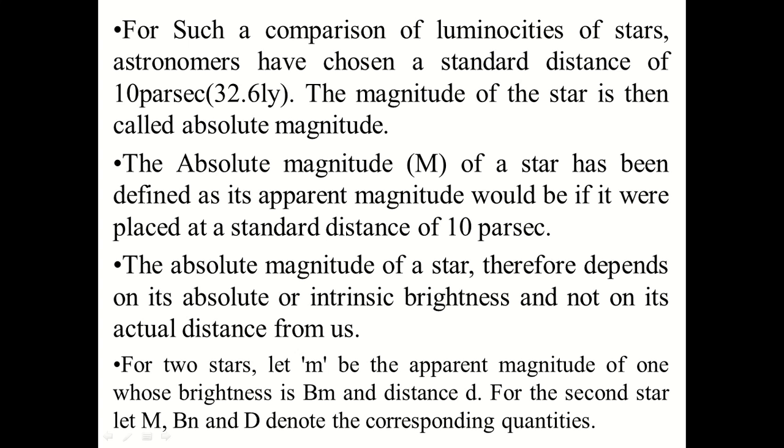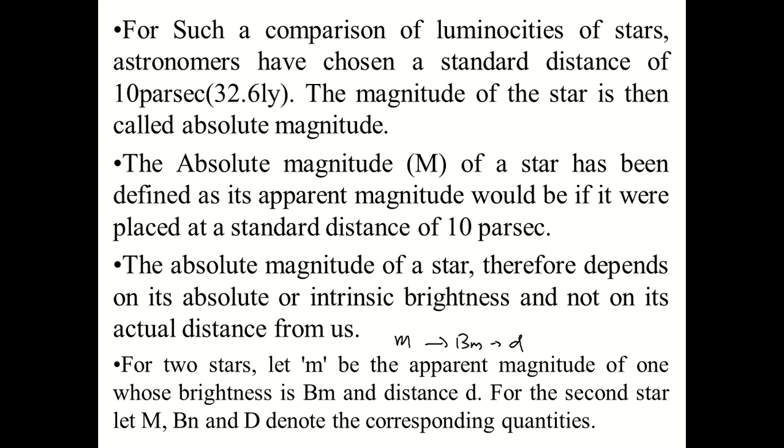Now, if you consider two stars, let small m be the apparent magnitude of one, whose brightness is Bm and which is at a distance of small d.